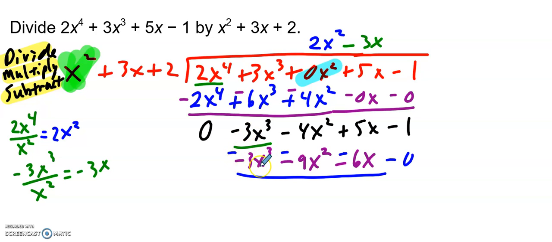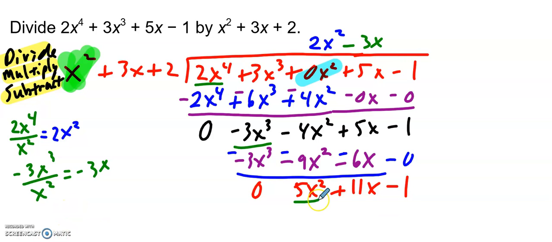Because minus a negative is plus. So again, this goes to 0, which it should. Negative 4x squared minus negative 9x squared becomes negative 4x squared plus 9x squared. So that's 5x squared. 5x minus negative 6x is 5x plus 6x. So this is plus 11x, and this is still minus 1. Let's do it again.